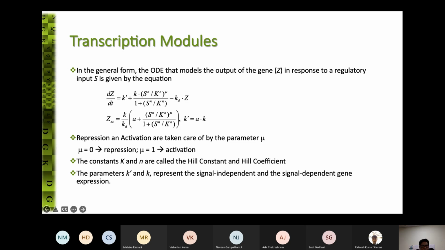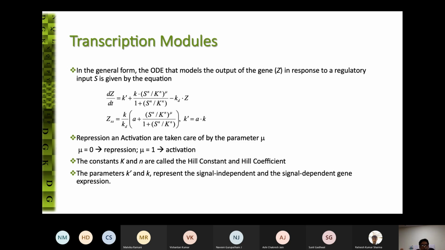Then there is this value n, which is called the Hill coefficient, right? So K is the Hill constant, and this is the Hill coefficient. So K is the Hill constant, keep that in mind, and n is the Hill coefficient. Now the Hill coefficient depends upon the degree of cooperativity that allows the subunits to essentially come together and support each other as the signal develops.